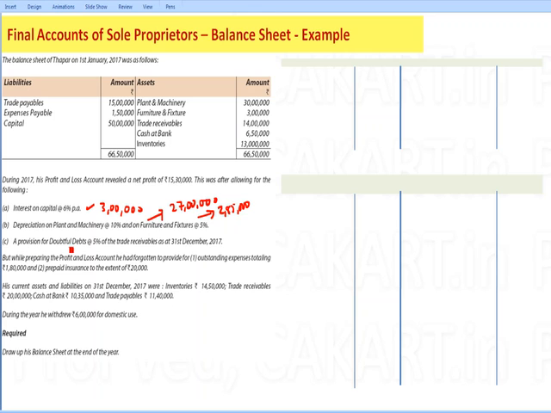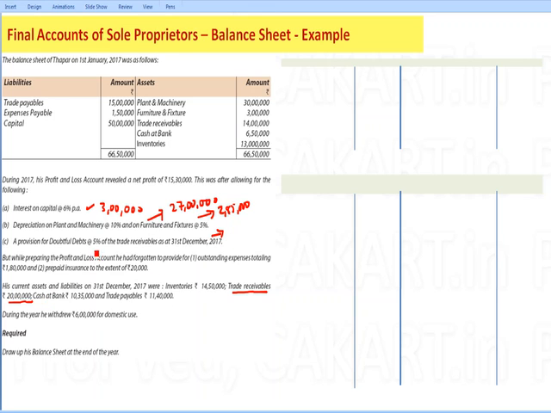A provision for doubtful debts at 5% of the trade receivable as on 31st December 2017. Provision for doubtful debts is not separately entered in the balance sheet. Trade receivable only is adjusted. So what is the trade receivable? We don't know so far. So we can go quickly and find out. His current assets and liabilities show trade receivable is 20 lakh rupees.